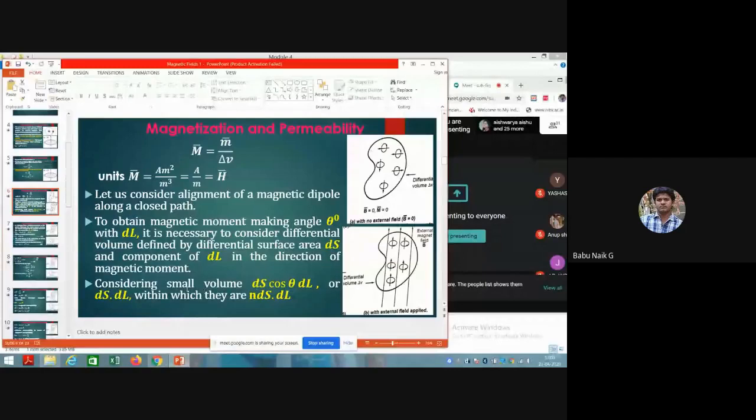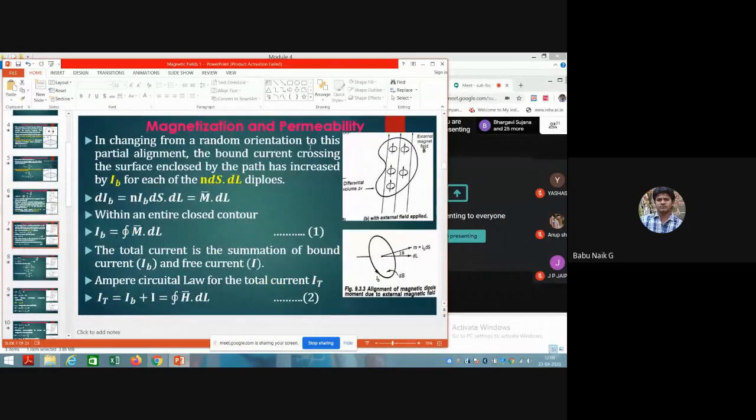So considering this, we have seen the dot product over all the surface area, ds dot dl. Within that, if you consider n number of small surface areas, n into ds dot dl, we have considered the magnetization with this partial alignment, the boundary current crossing through the enclosed surface, with the enclosed volume here, which is the total current of bounded charge with this material, which is dIb.